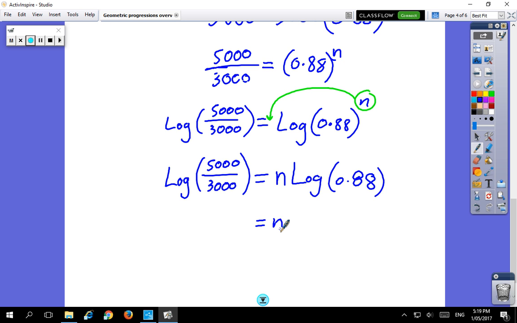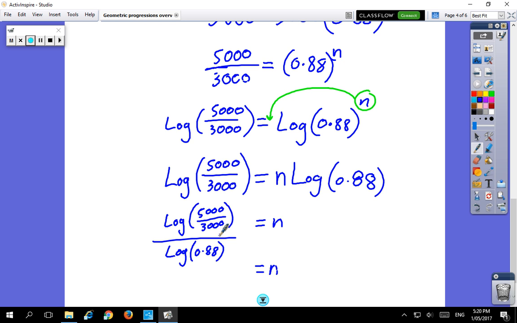So let's divide both sides. It becomes log of 5,000 on 30,000, divided by log of 0.88. It's just a number divided by a number. Your calculator knows what those numbers are. We don't have to worry about it. That equals n. We literally find the log button on our calculator and type exactly this in.